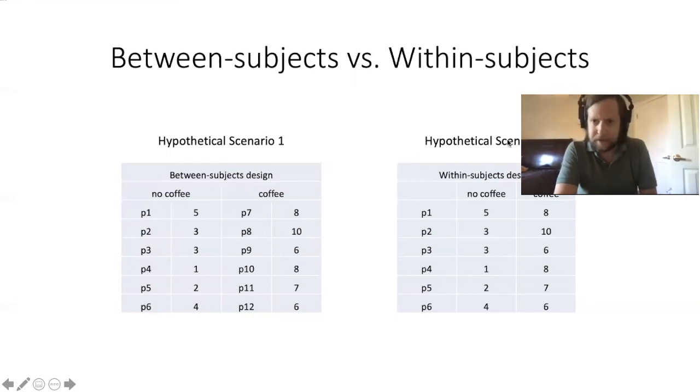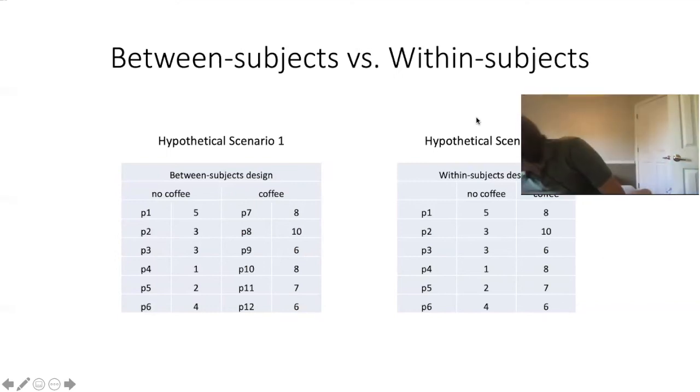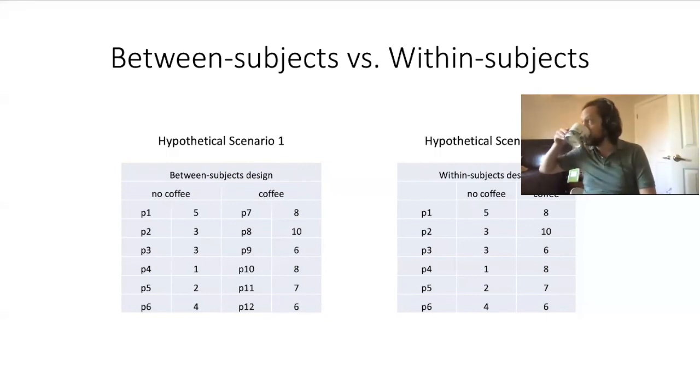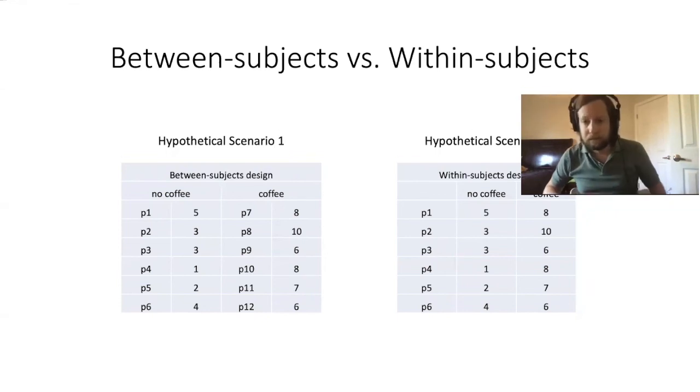So let's just make sure that we're still understanding this. Why is it correct to say in hypothetical scenario 2 that this is a within subjects factor? What do you see here in this scenario that is consistent with the idea that this is a within subjects factor? Can someone tell me that? You can see that all the participants go through both forms of conditions. Exactly. Yep.